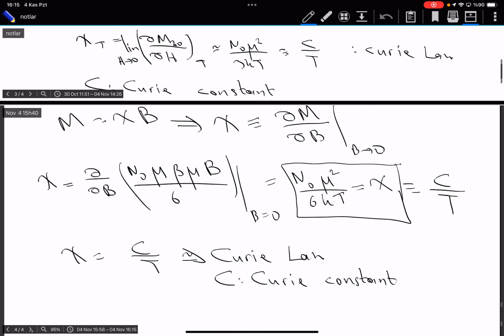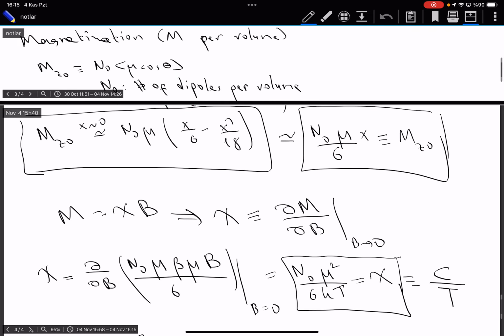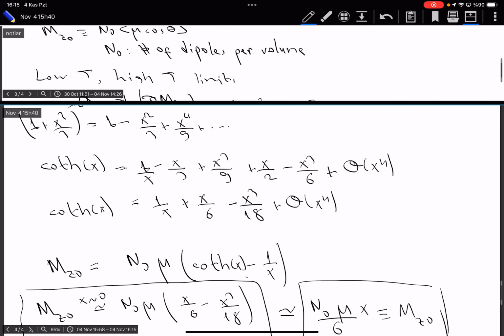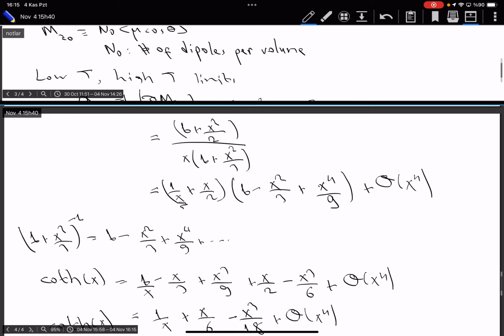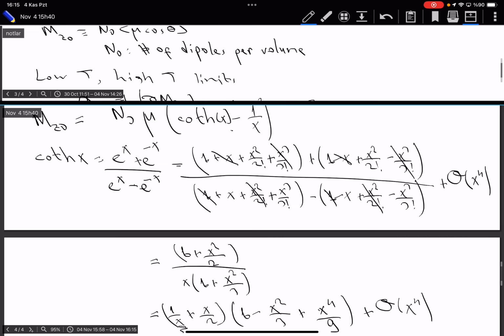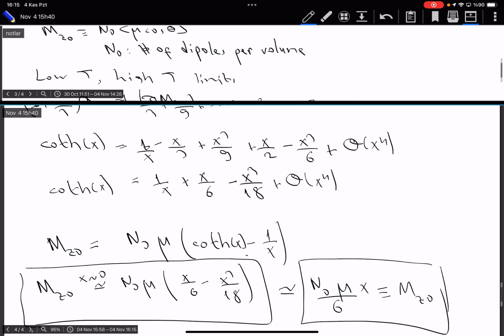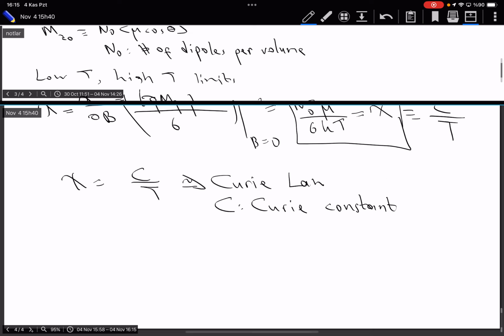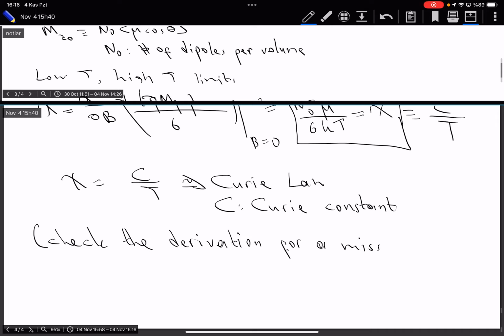Well, there's a factor 2 I'm missing somewhere. Curie law holds for high temperatures.